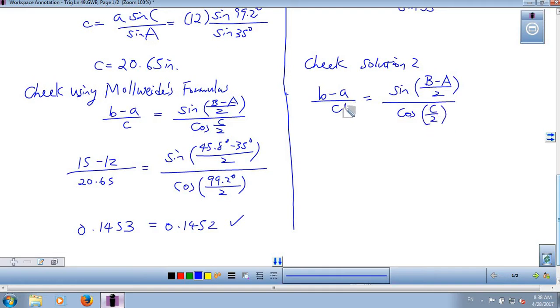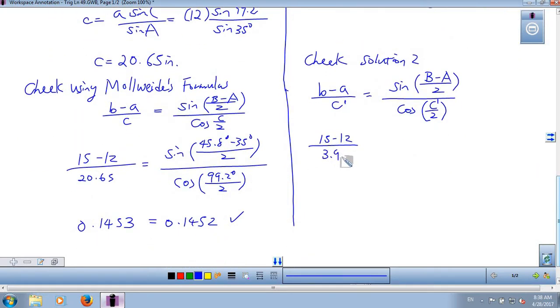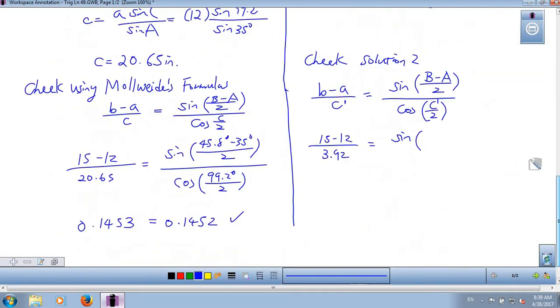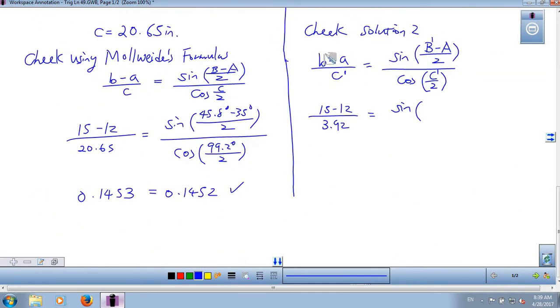So we're going to use c prime here and c prime here. Okay, so b is still 15, a is still 12, but c prime in this case is a smaller number. It's 3.92. Let's plug that in. And angle B in this case is much larger. Angle B was B prime. Actually, it was 134.2. So I should say B prime here.